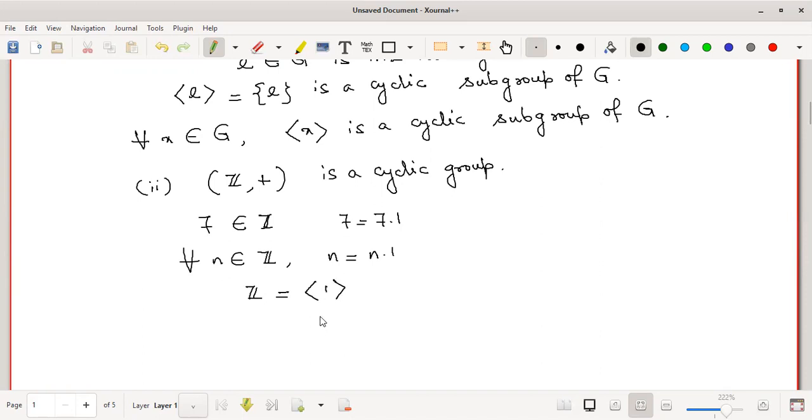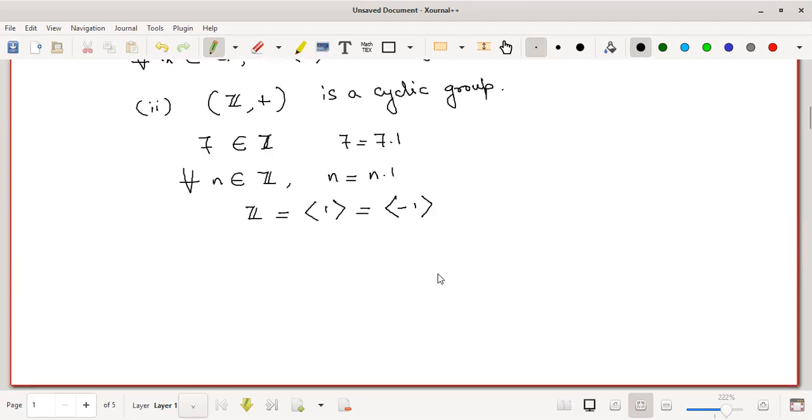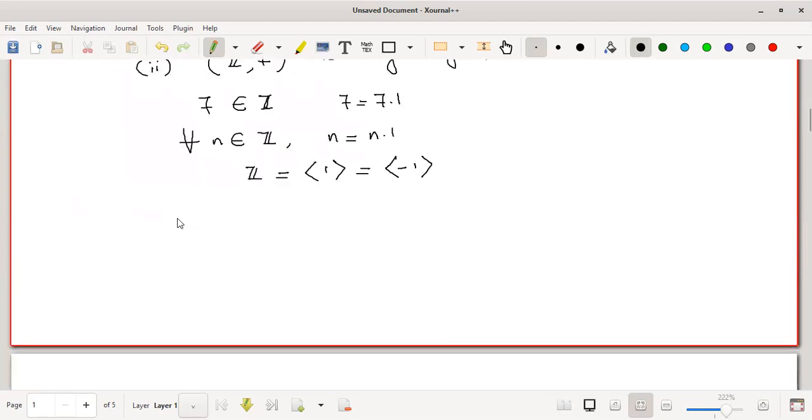Not only that, you can argue that it is generated by minus 1 also, because n can be written as minus n into minus 1, right? So this group can be generated by minus 1 also. So this is a cyclic group. What about subgroups of Z?